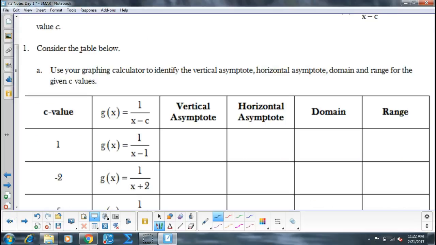So, in the whole grand scheme of things, what is the first thing that you should find of those 4 things that I'm asking you to find? I'd find the domain first. Okay? That's what I would find first.